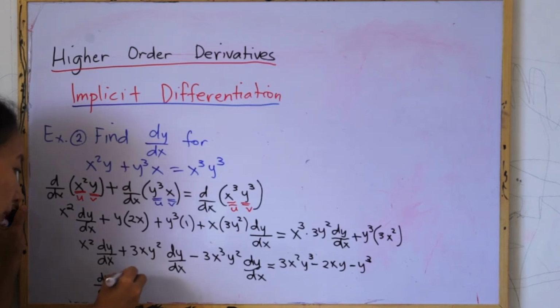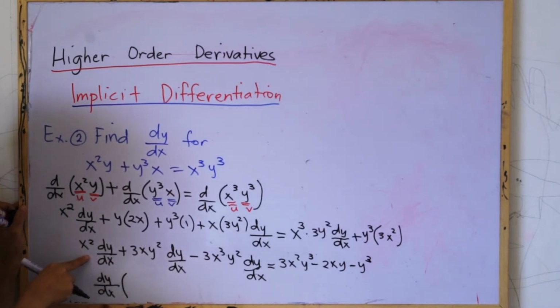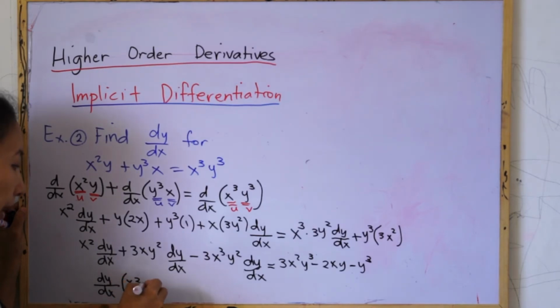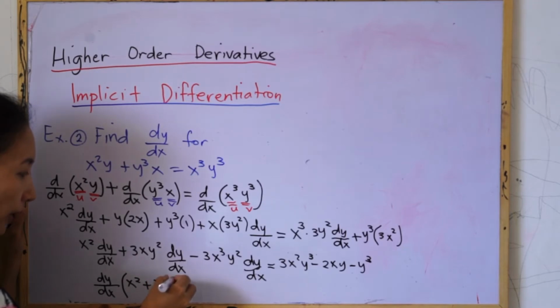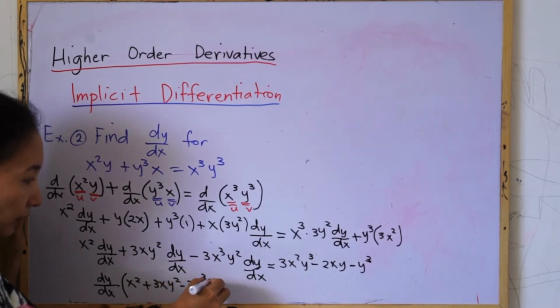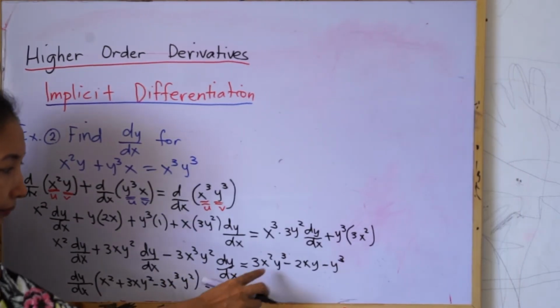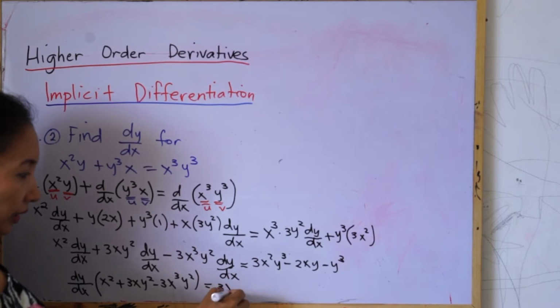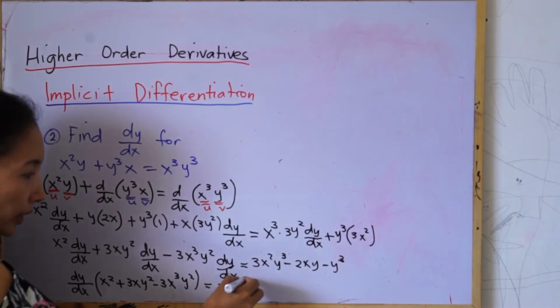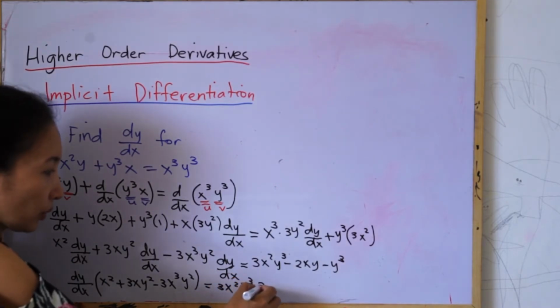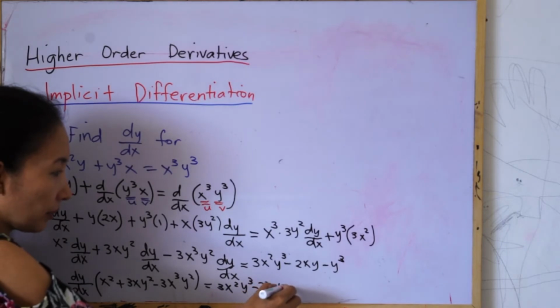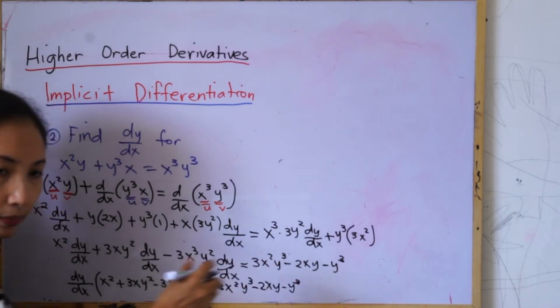Factoring it out, here, we have x squared plus 3xy squared, minus 3x cubed y squared, equals 3x squared y cubed minus 2xy minus y cubed.